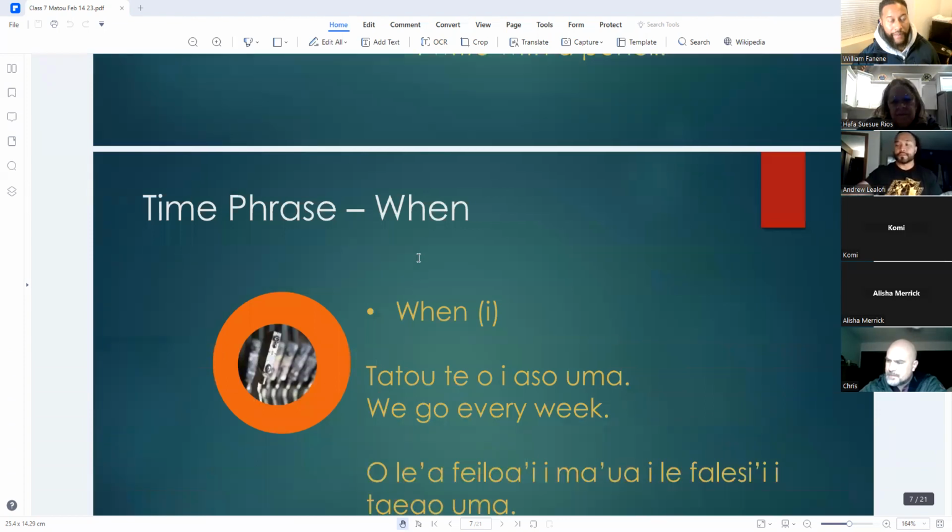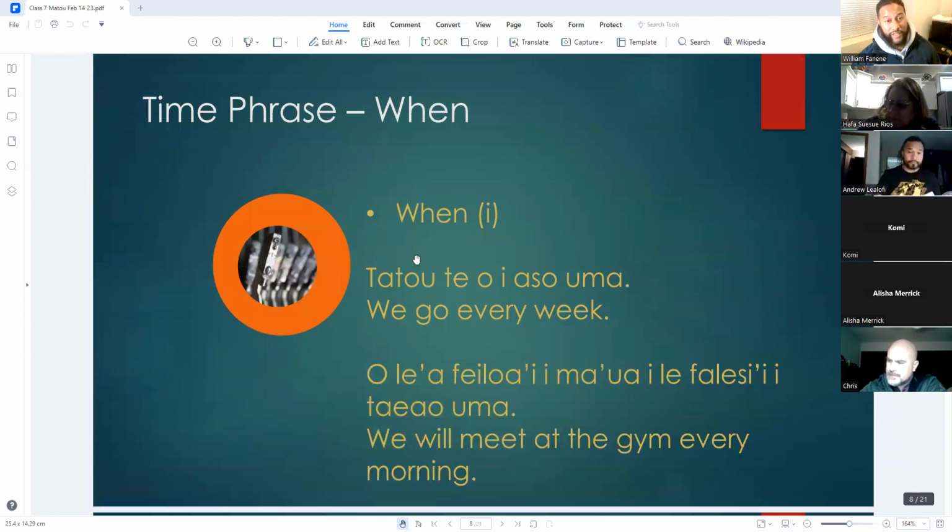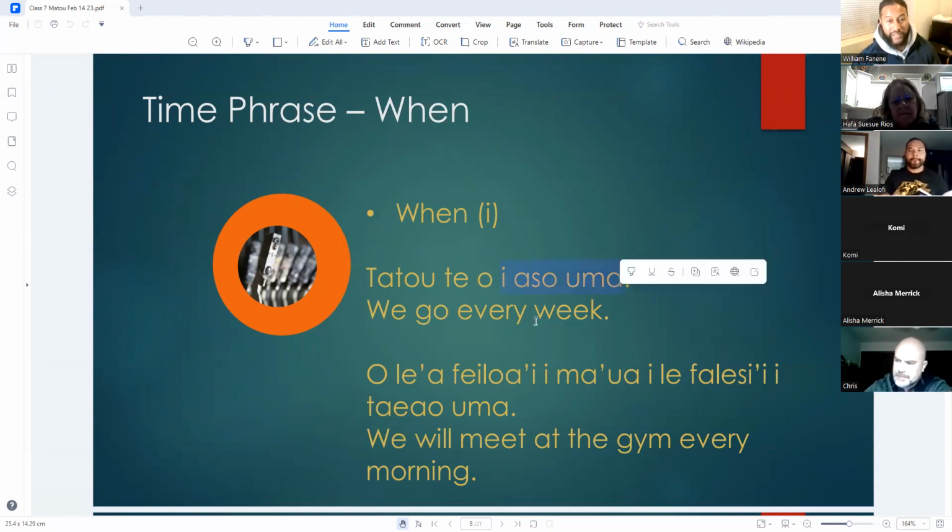All right. Our time phrases also start with E. So this is kind of easy. So tato teo. So we go. O is plural version of alu, or to go. So tato teo. I probably shouldn't use the te because we haven't talked about te yet. So just we go, and then our time is iaso uma. So actually this should say every day.